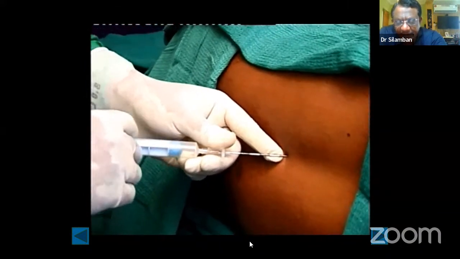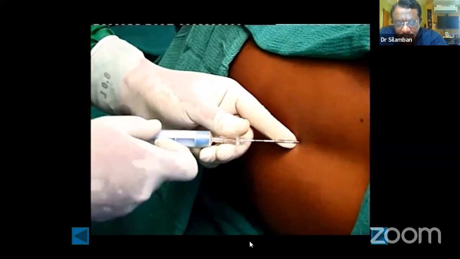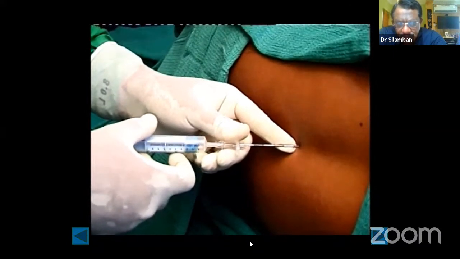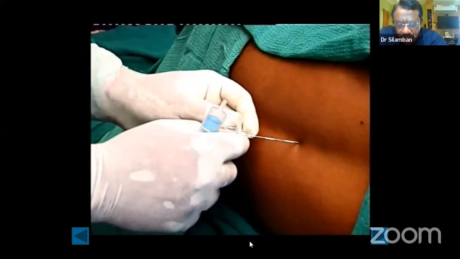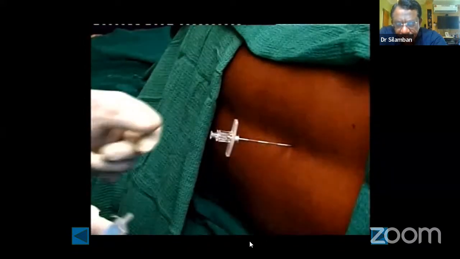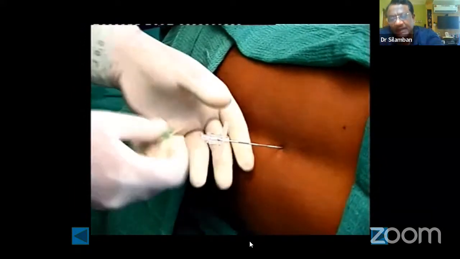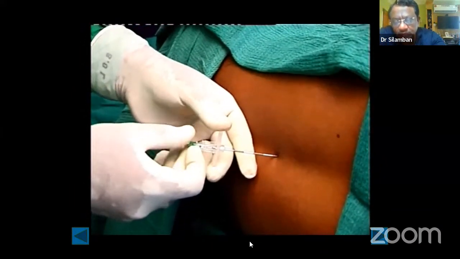See, kindly appreciate the angulation, the 70-degree angulation which I am moving. Once you hit on the lower spine, then you pull it back, and then I have turned the needle to 70 degrees.